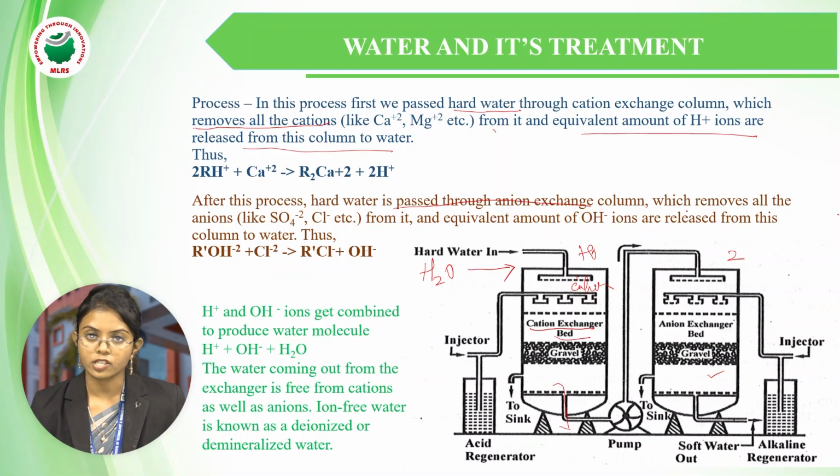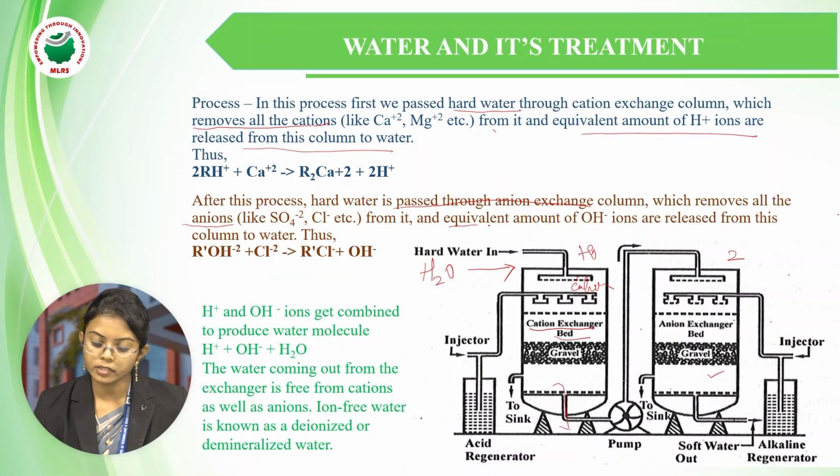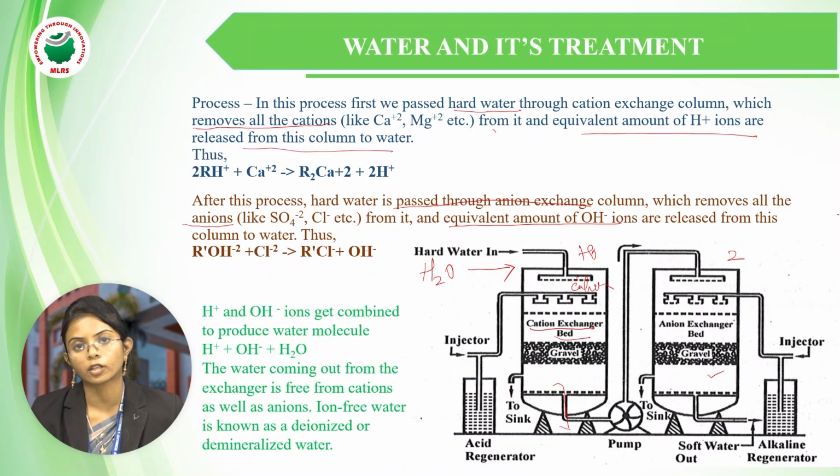In the anion exchanger, it is capable of removing all the anions from it, and the equivalent amount of OH minus ions are released from the column to water. Now through the two exchanger columns, the cation exchanger and anion exchanger, we are able to remove the cations and anions. So the ions present in the water are getting removed.